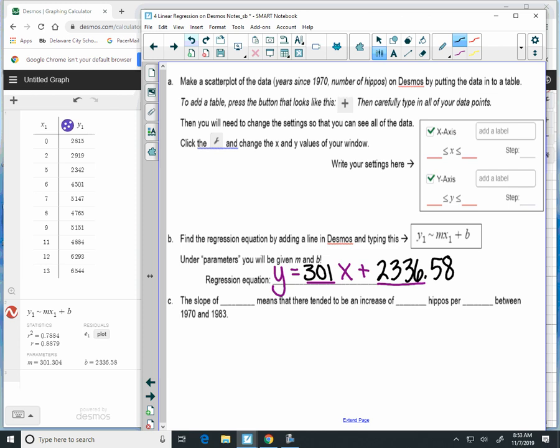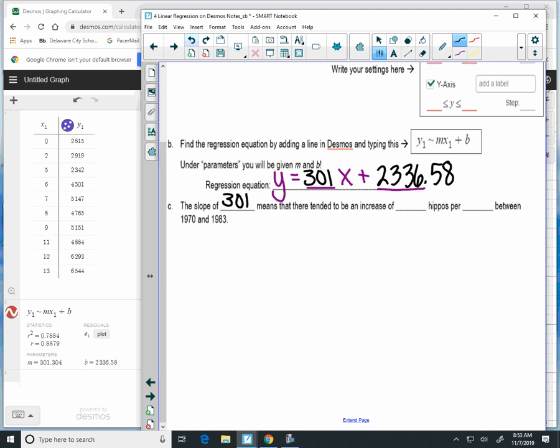We could use that equation to estimate any of the years that we wanted to see what the hippo population would be in this particular part. The slope of 301. Let's talk about this for a second. We have 301.